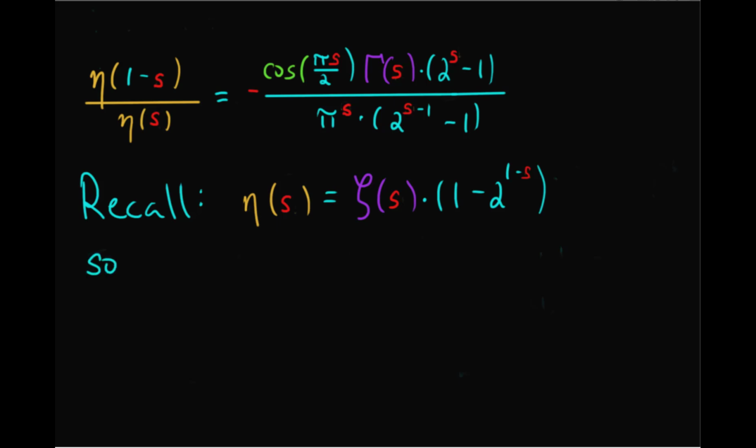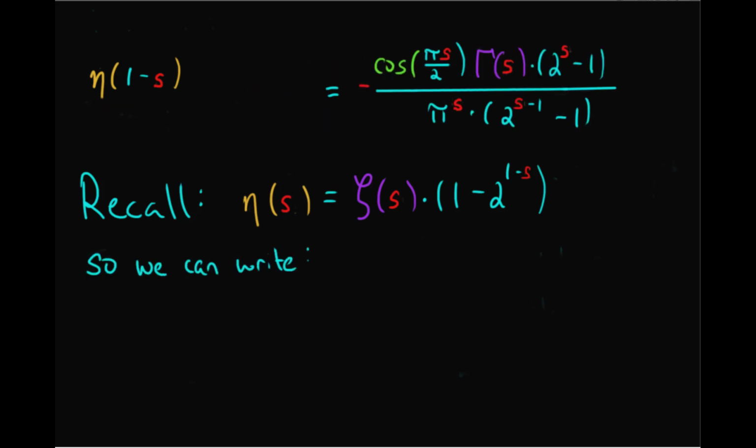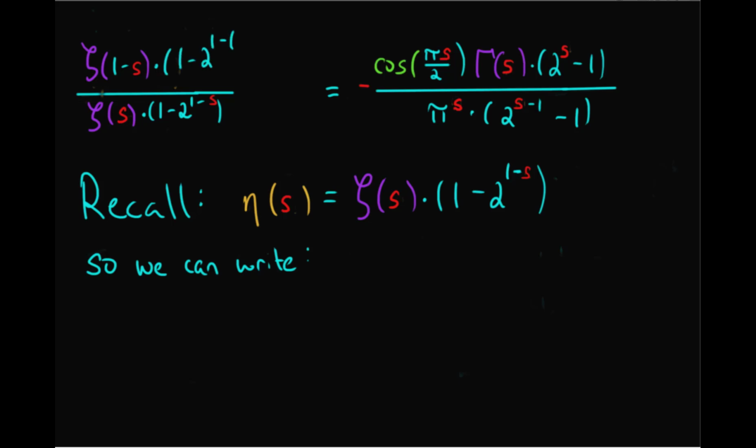So putting these facts together, in the denominator on the left-hand side in place of eta of s, I can write zeta of s times the quantity 1 minus 2 to the 1 minus s. And in the numerator, in place of eta of 1 minus s, I can write zeta of 1 minus s times the quantity 1 minus 2 to the 1 minus s.